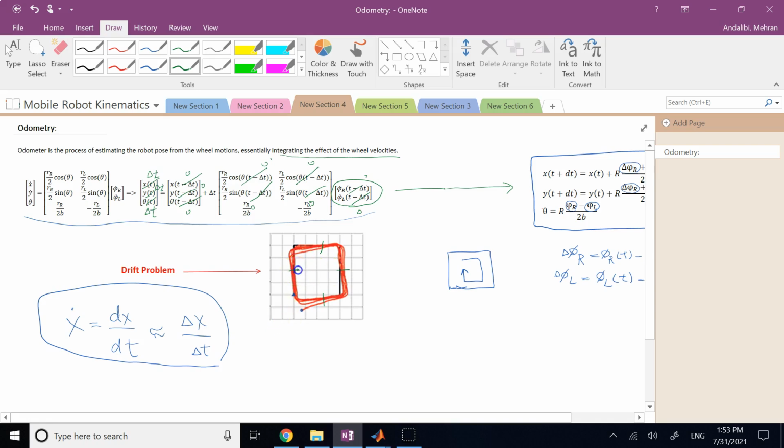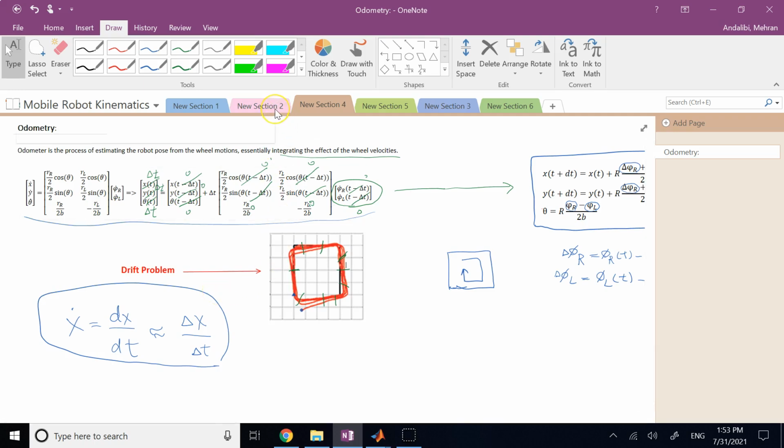So if GPS can tell me my exact location here, maybe here, here, here, here, and here, not all along, because GPS is not as fast as the encoder is, then by having these estimates, I can have a batch correction. I can use, for example, a sensor fusion algorithm like a Kalman filter and try to correct this drift over time and avoid it getting bigger and bigger, right? That's why odometry, as I said, is always accompanied by another type of sensor without accumulated error that I can rely on to avoid exponentially large drifts.